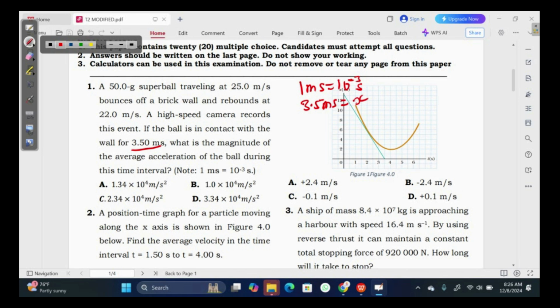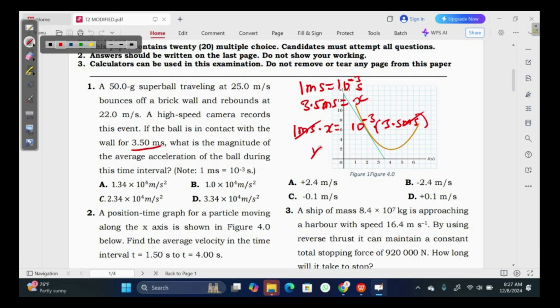You can cross multiply. Crossing multiply meaning is going to be 1 millisecond times x being equal to 10 to the power negative 3 then times 3.5 milliseconds. So what you can do, you can divide both sides by milliseconds, cancelling out milliseconds.